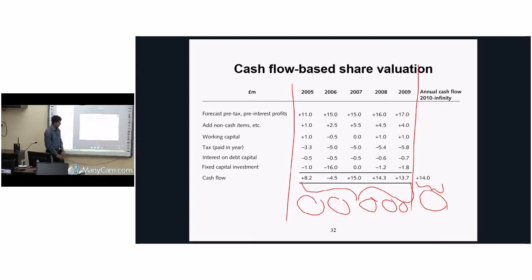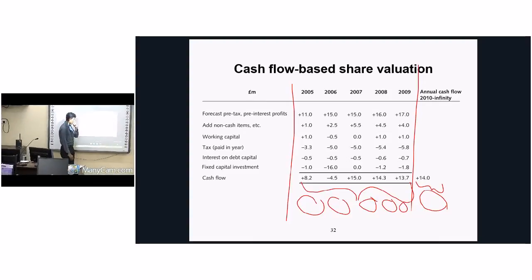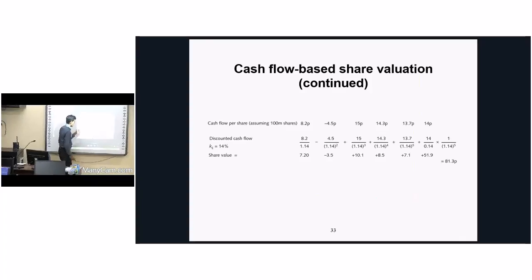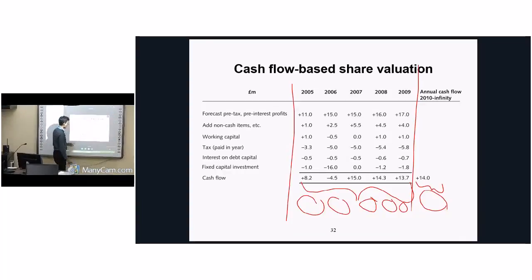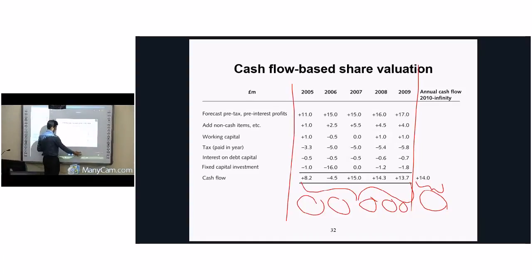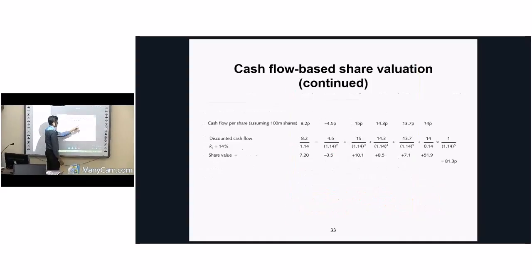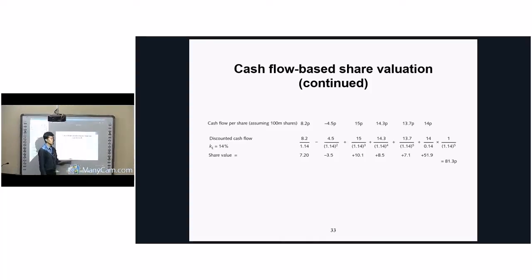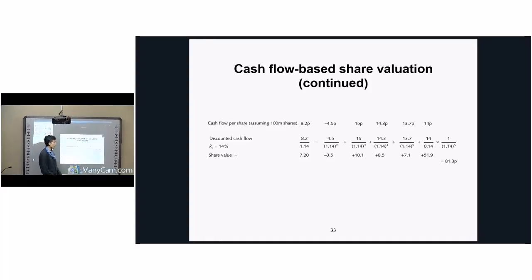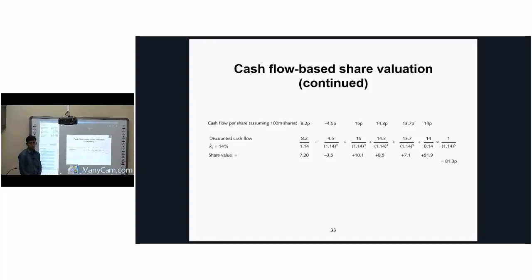So if I just go to the next step, in this question they have taken all the net cash flows that we arrived at in the last section and converted them into present value by using the discount rate.